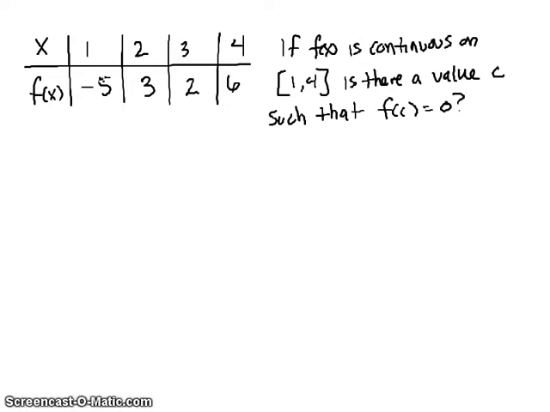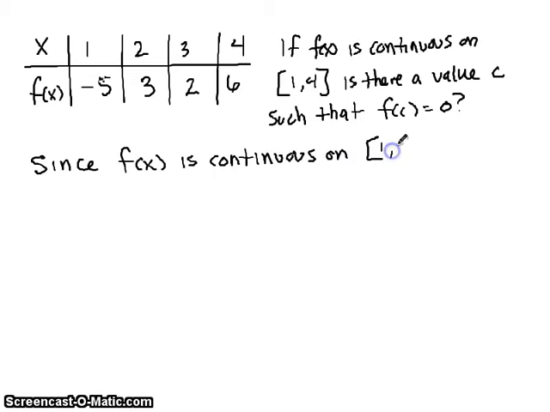So how we're going to answer this using our IVT is we're going to say, since f of x is continuous on our interval, and they tell us in the problem that the function is continuous.